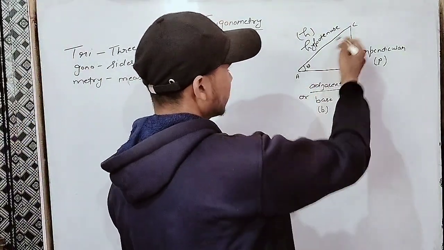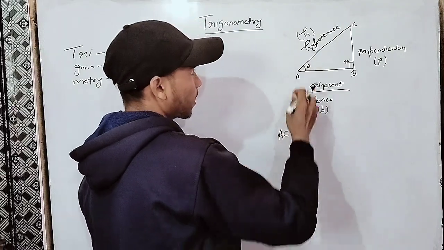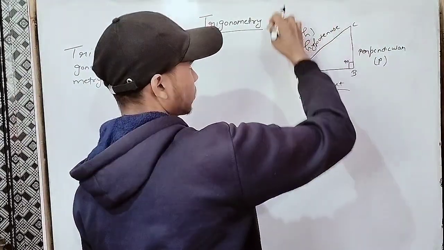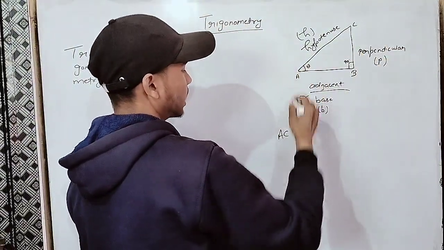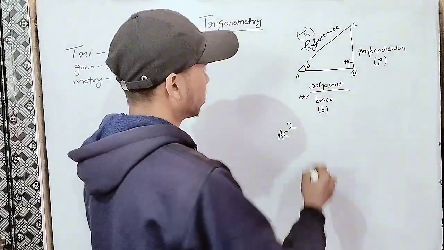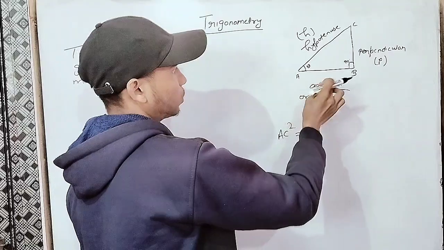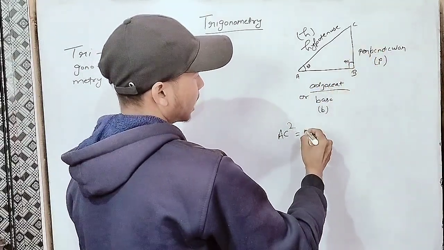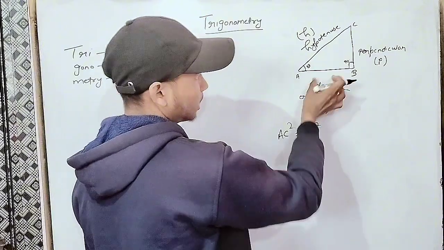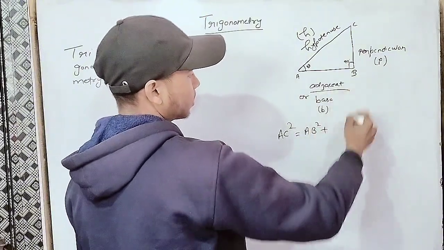It says that AC is a square, and this is a square, and this is a square. That's why we write AC square equals the sum of this side and this side. We can write AB square plus BC square.